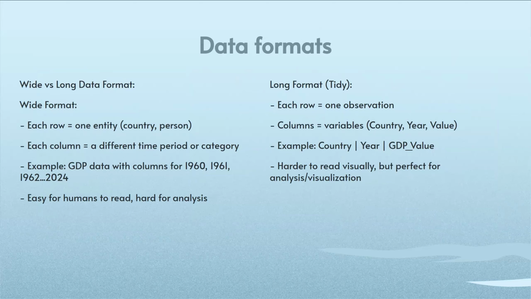We have one format, wide format, where each variable has its own column, and it's easy to read as a human, like a spreadsheet you'd show a manager. And then afterwards, we have the long format. Each row is one observation, with one column for the category and one for the value. This is better for analysis and visualization tools.